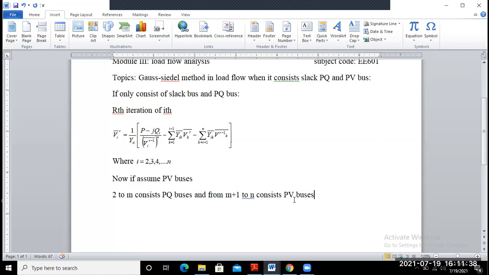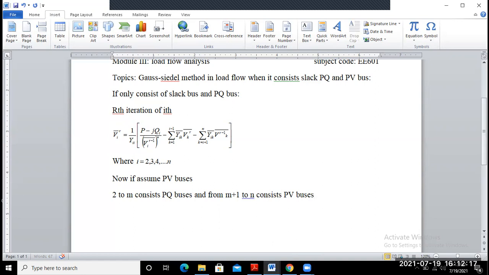If it is outside the limit, then you may say that this is not a PV bus, and it becomes a PQ bus. If you observe that some buses are considered as PV buses, then you require the delta I. So first of all you check the Q I, and then you find the delta I if it lies between the lower limit and upper limit of Q I.